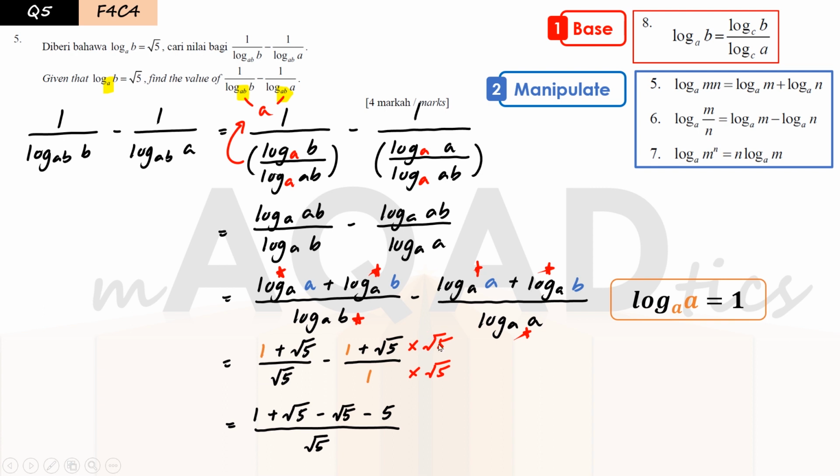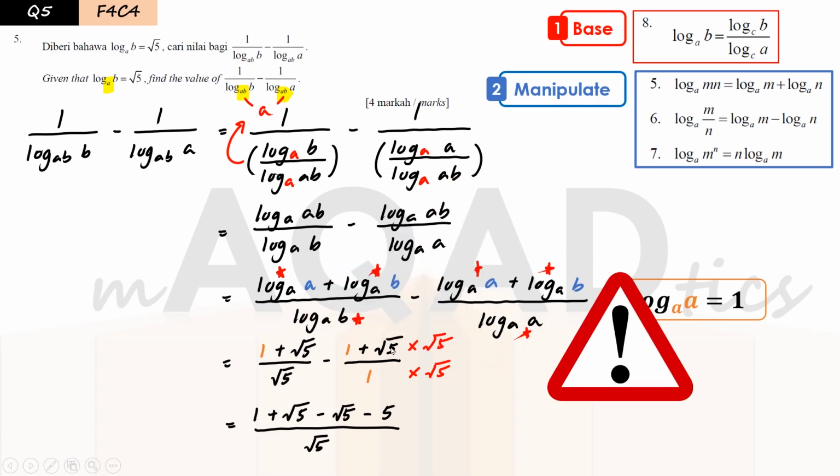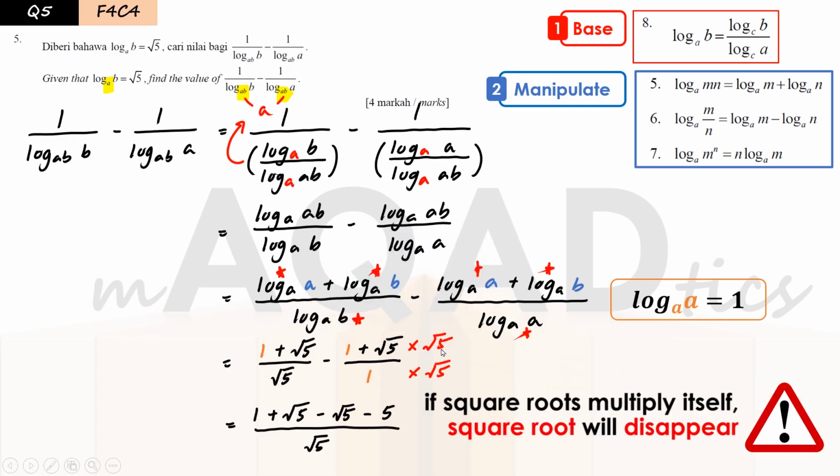Once we multiply the square root 5 into here, it will become something like this. For example, the 1 here, I multiply with the negative and multiply with square root 5, then I get negative square root 5. And this one will be square root 5 multiplied with negative and multiplied by itself. For square roots which multiply by itself, the square root will disappear. So that's why here it's negative 5.